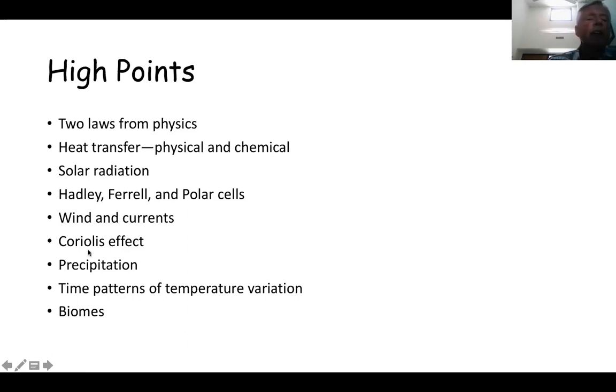And then at the end, we talked about how this physical environment, and in particular, how precipitation and temperature influence organisms to create what we call biomes and the biome concept. So that's what I have to say about the physical chemical environment. That's the end of this section.